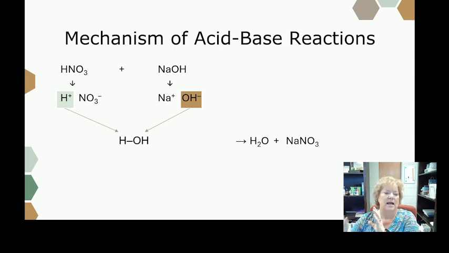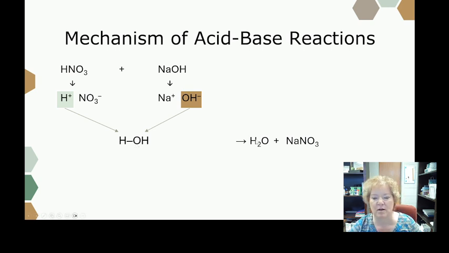So the mechanism of an acid-base reaction is that I start with a strong acid or even a weak acid, and it's going to break up and form protons. So in this case, it dissociates, it ionizes, it forms protons, and the other ion left is nitrate ion. And then I have a base. It's going to dissociate and form a cation and then hydroxide ion. And now my proton and my hydroxide ion are going to form a covalent bond and form a water molecule.